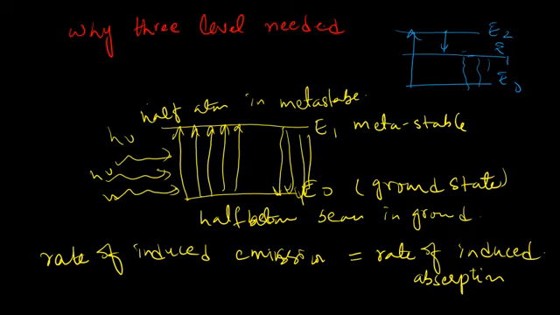In a three level laser, more than half of the atoms must be in the metastable state for the induced emission to predominate over the induced absorption.